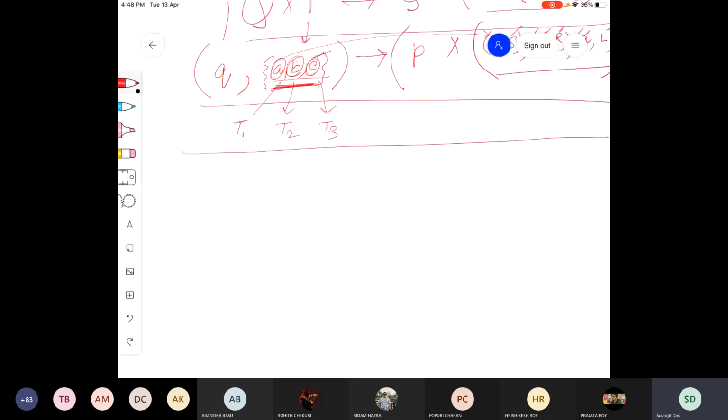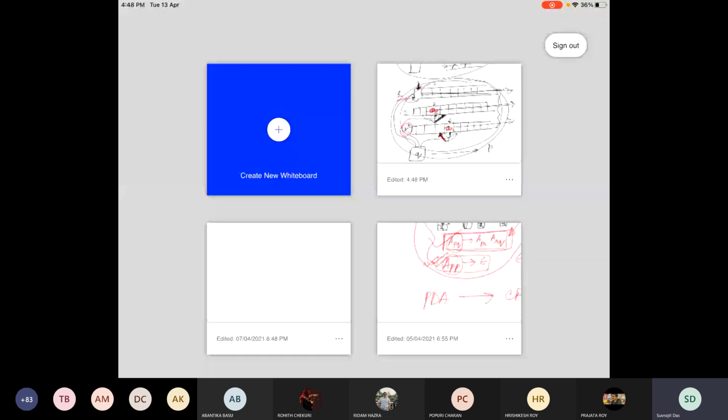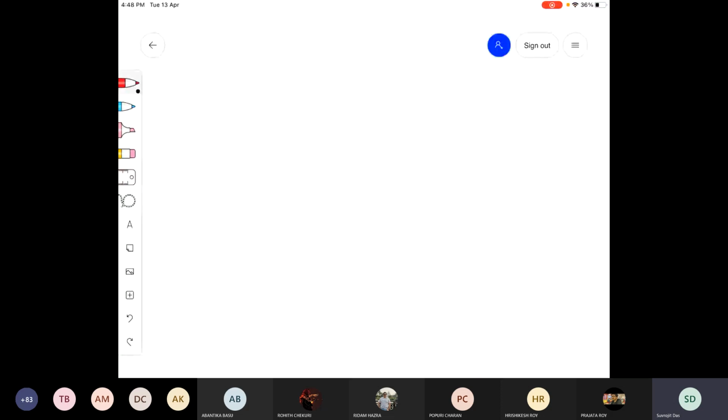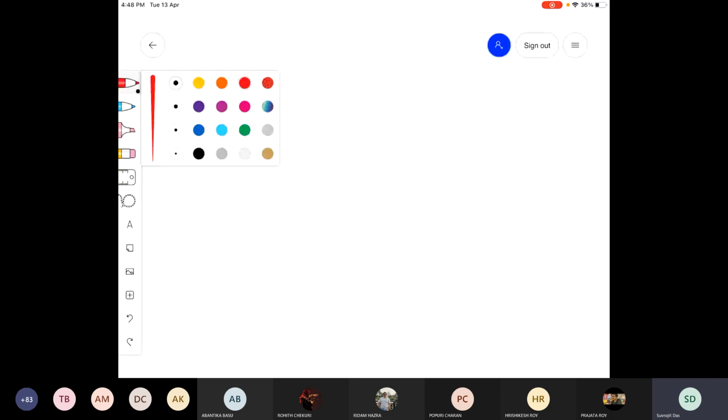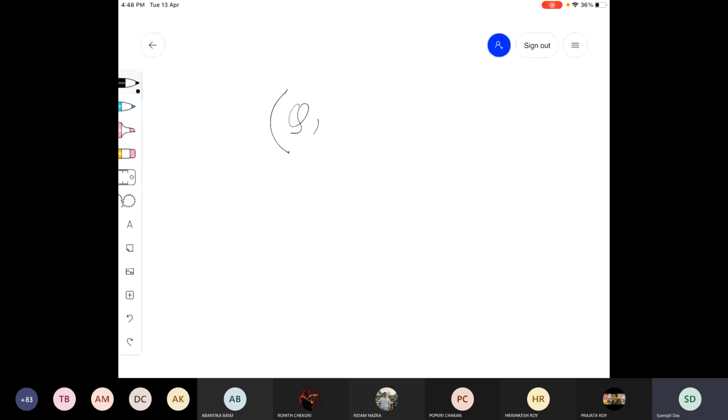So now let us come back to that tuple. Let me change the board because it has started hanging before it hangs. Let us come back to this point, why I chose to define the Turing machine as Q cross sigma cross tau, del, Q0, Q accept and Q reject.